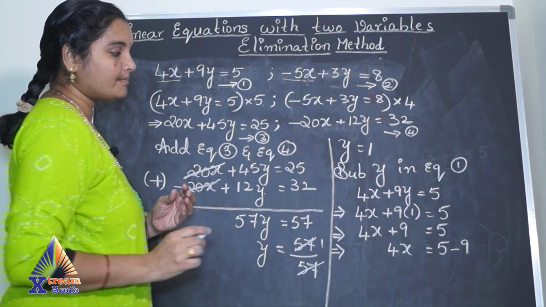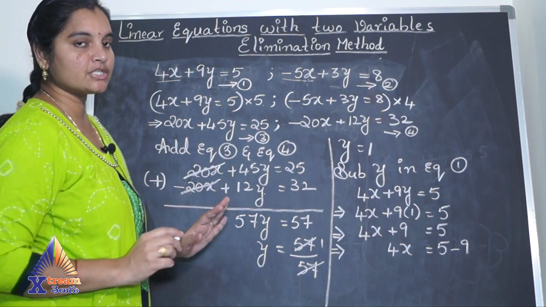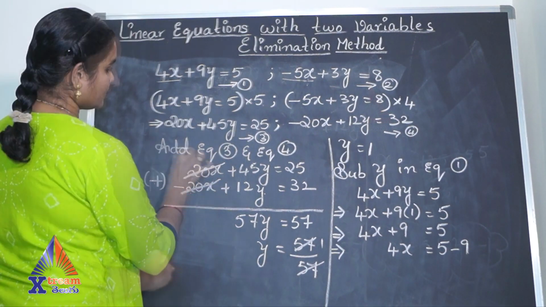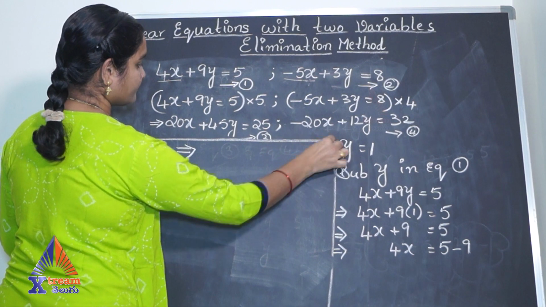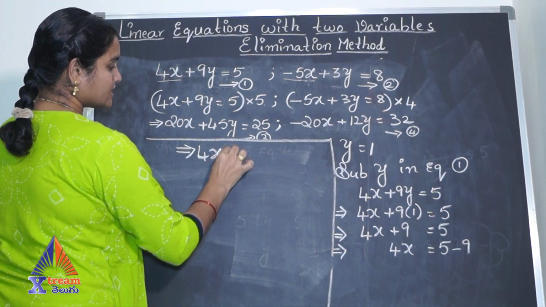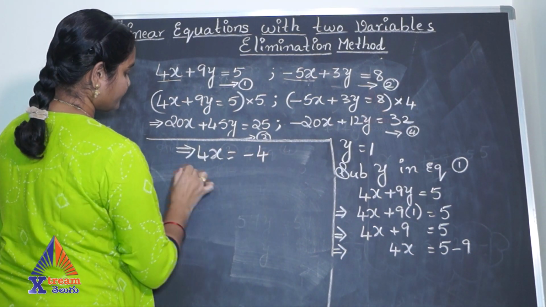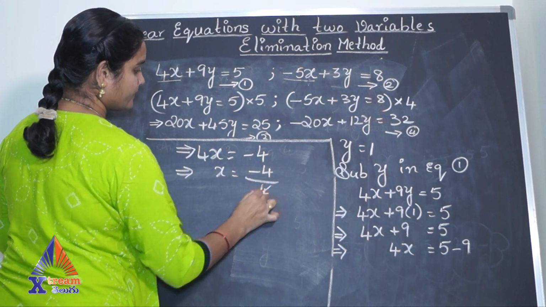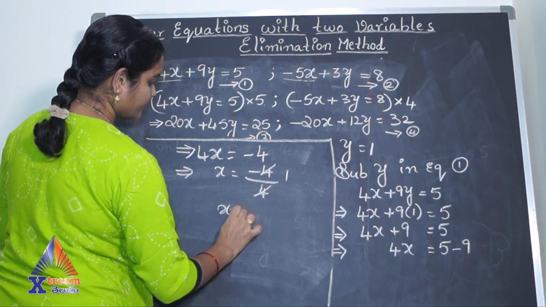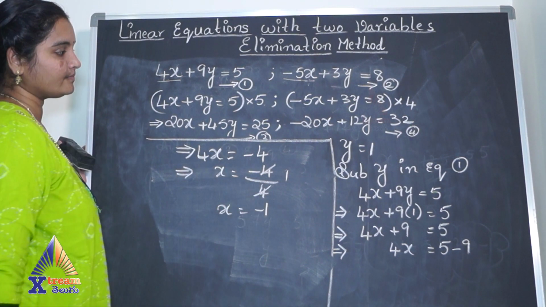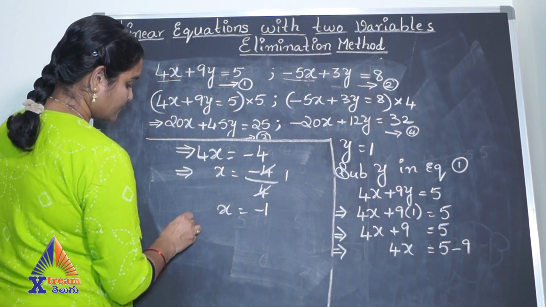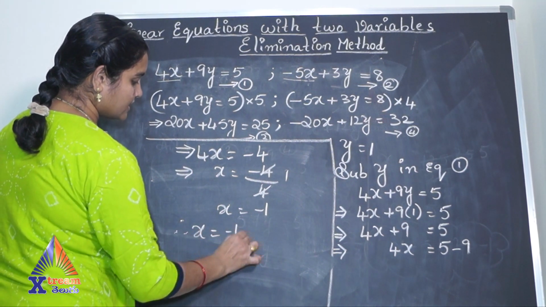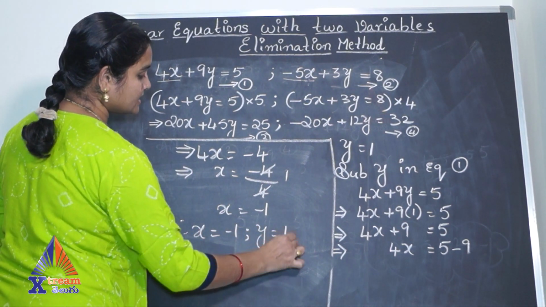You have to be clear with your integers knowledge to do this. So we get 4x is equal to minus 4, where x becomes minus 4 by 4, which gives us minus 1. So see this, we got x as minus 1 and y as 1.